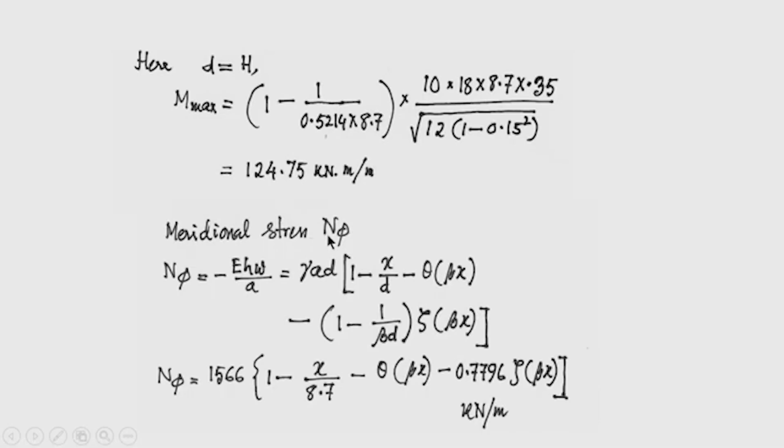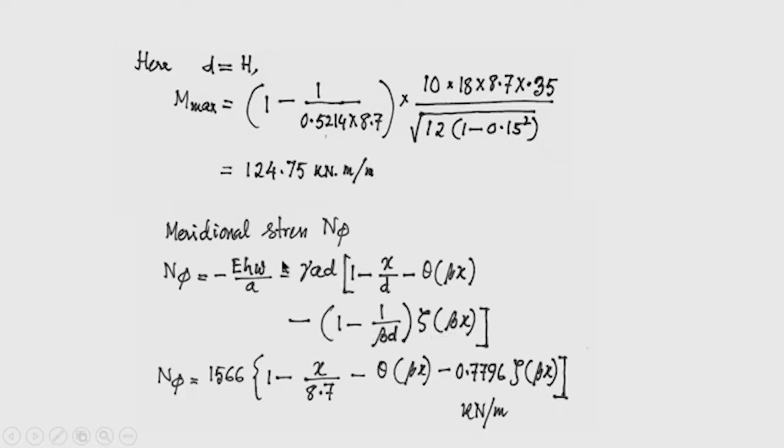Meridional stress, hoop stress, can be calculated: N phi equal to minus E h w by a. After substituting w and writing it using the special functions theta and xi, we can express N phi as gamma a d into (1 minus x by d) minus theta beta x minus (1 minus 1 by beta d) into xi beta x.